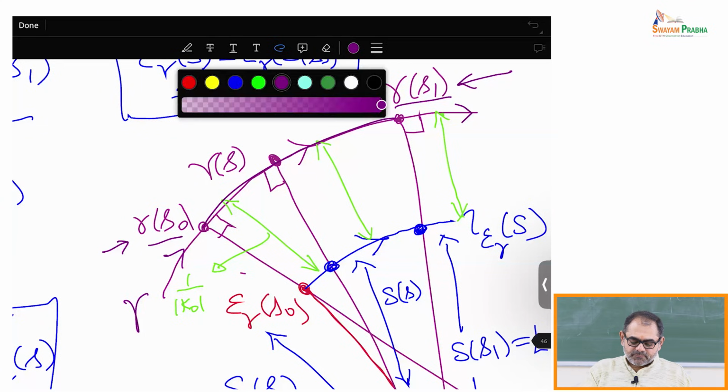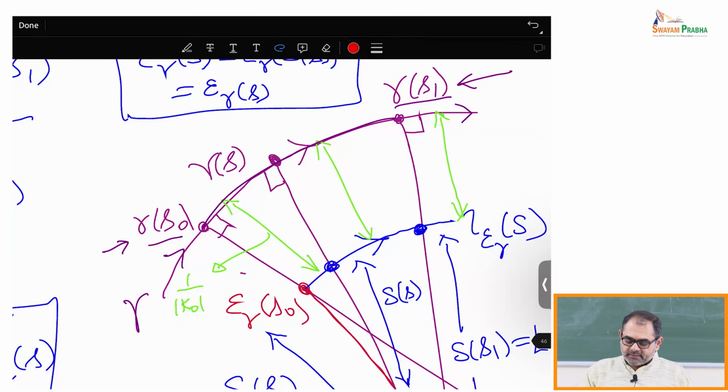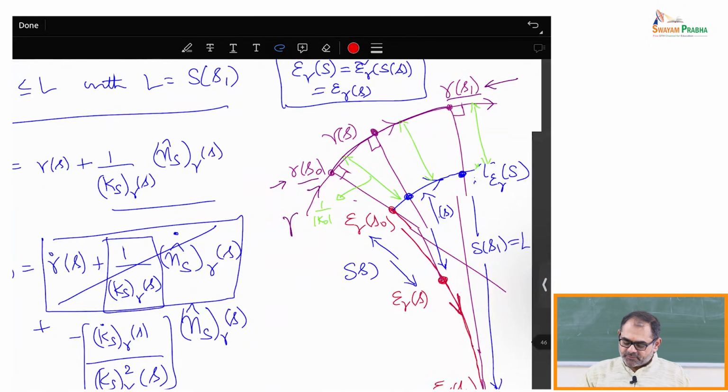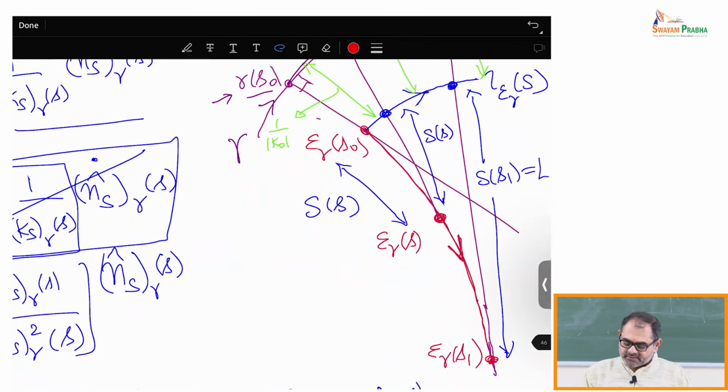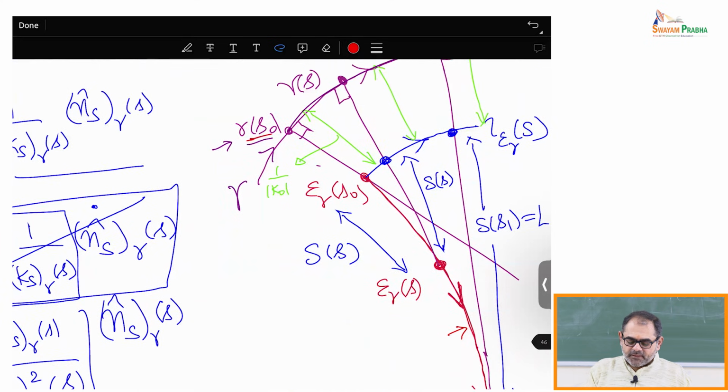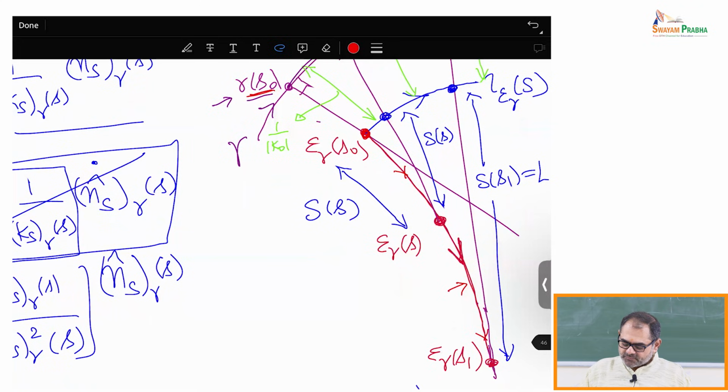If you take the evolute as E sub gamma, it is this red curve here. Corresponding to the point S0, you have this point which is the starting point of the evolute, and then this red curve goes all the way down and ends at this point, which is for S equal to S1.